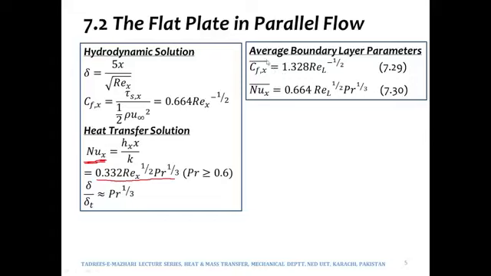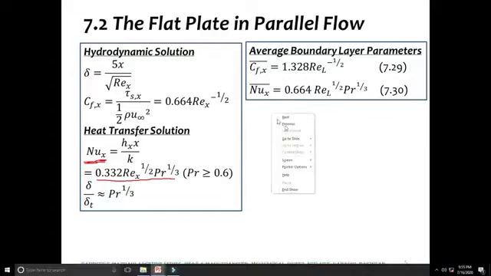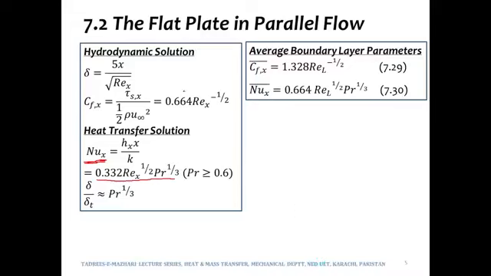So the average coefficient of friction would be 1.328 Reynolds to the power minus half, and an average Nusselt number would be 0.664 Reynolds half Prandtl 1/3. Now if you see, there is a particular relation between those two expressions for coefficient of friction and those two expressions for Nusselt number.